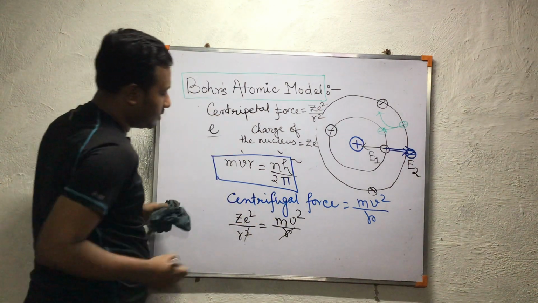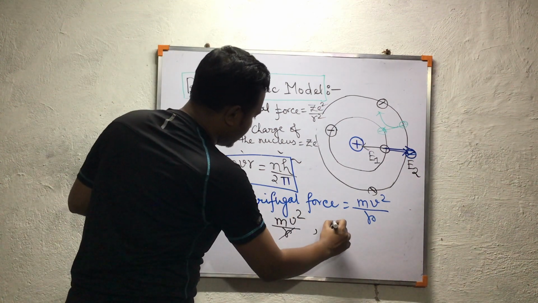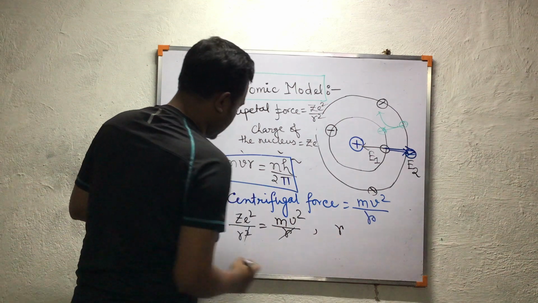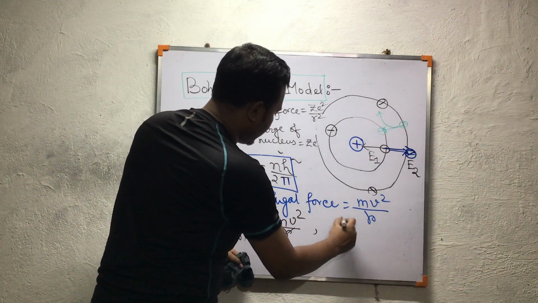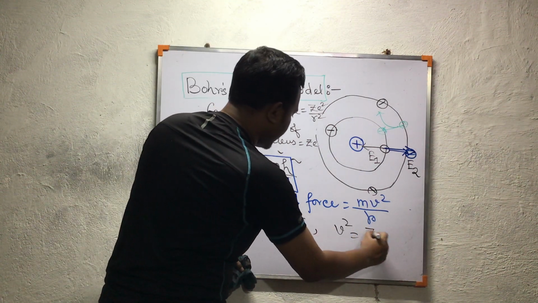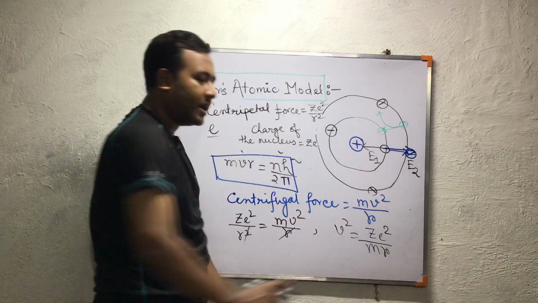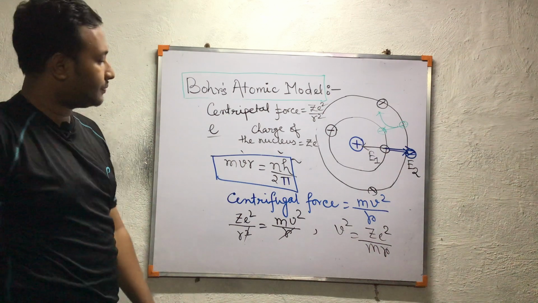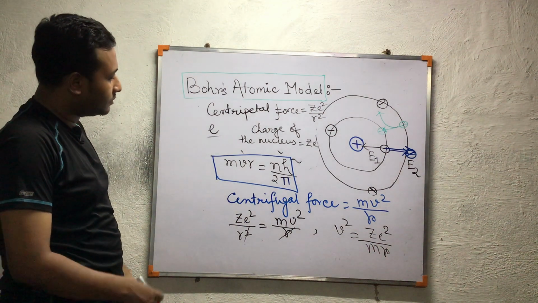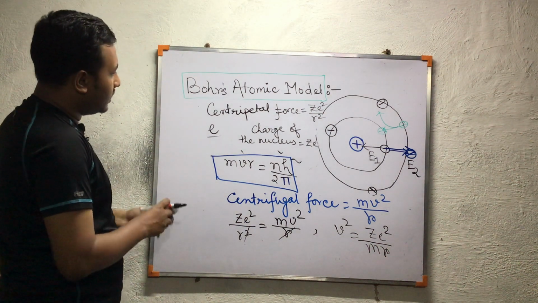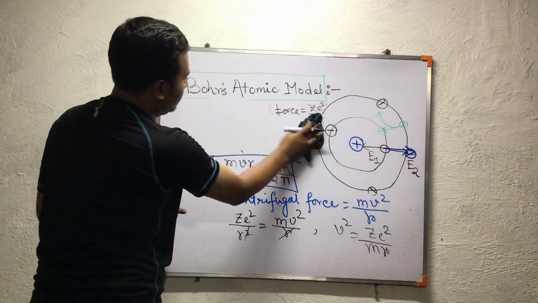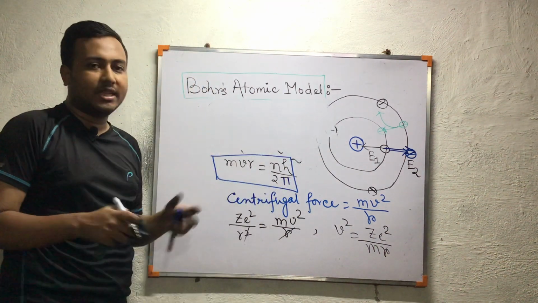So we can write v square equals Z e square divided by m r. Now we have already got mvr equals nh by 2 pi.